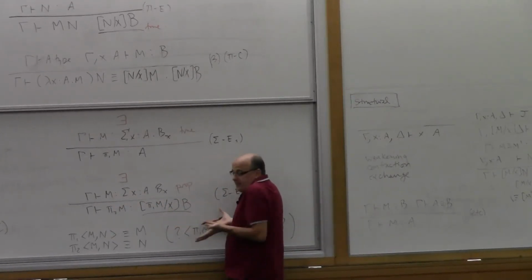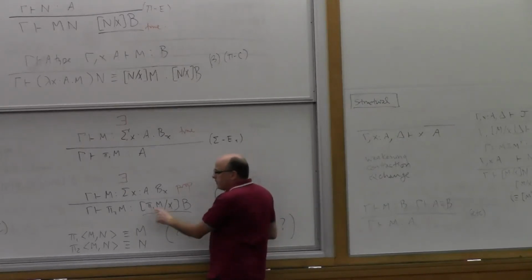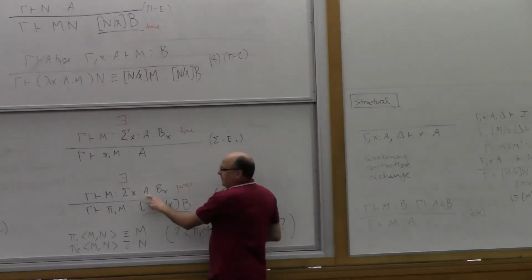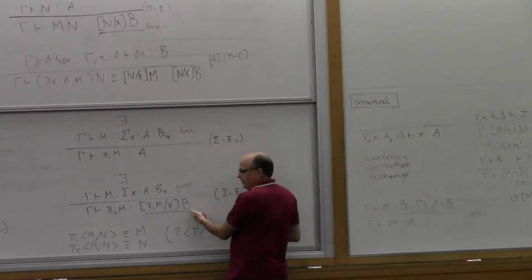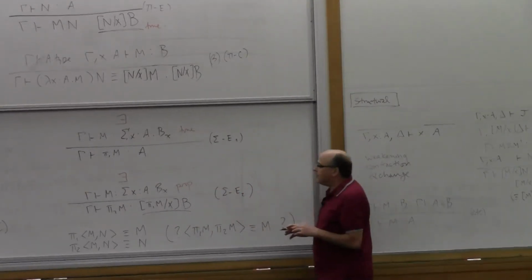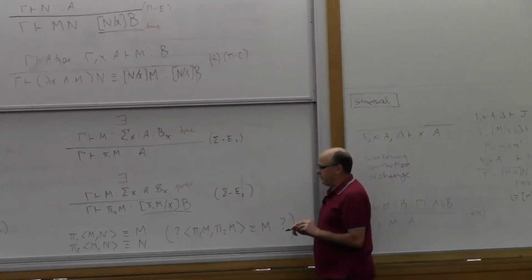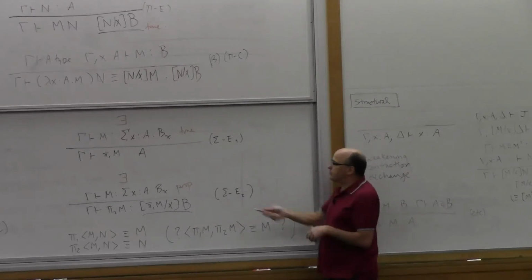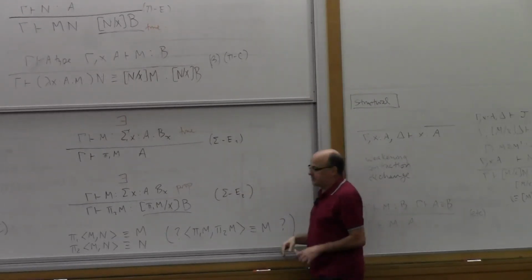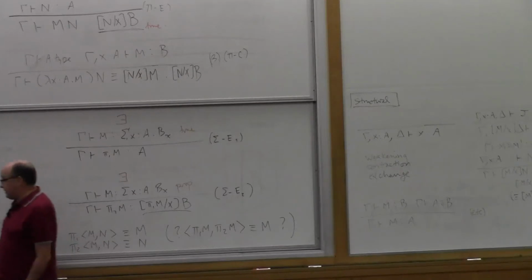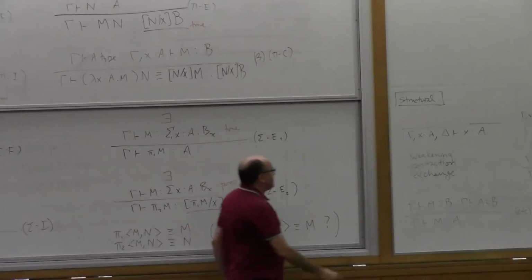M is not necessarily a tuple that I know. But certainly pi 1 of M is an element of A such that this formula is true. That cannot be expressed in ordinary logic either. There's no way to say this; these do not correspond exactly. Now, I would argue that these are the correct rules for existential quantification.